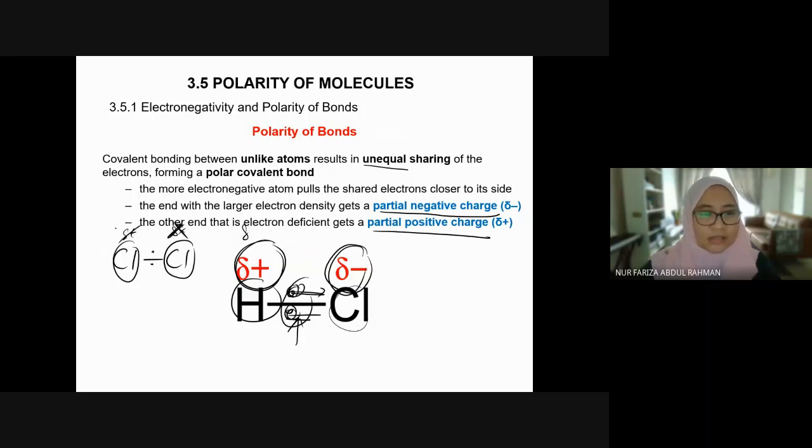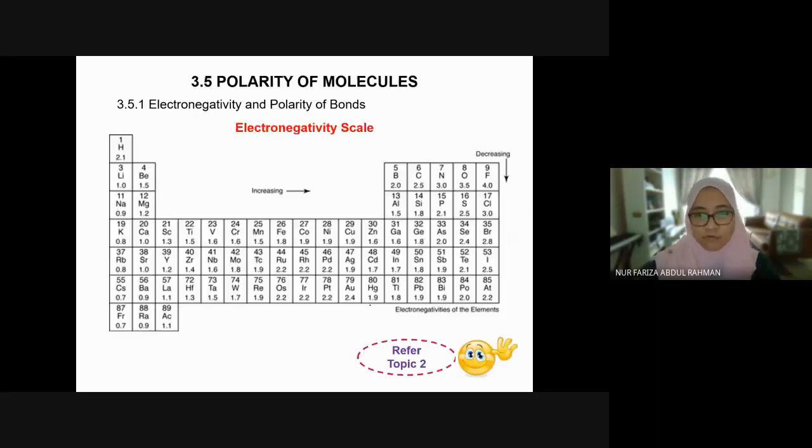This is not present for Cl2 because they have the same electronegativity. This is what we call the polarity of bond. We can tell whether a bond is polar or non-polar based on this difference in electronegativity. For HCl, the bond is considered polar.